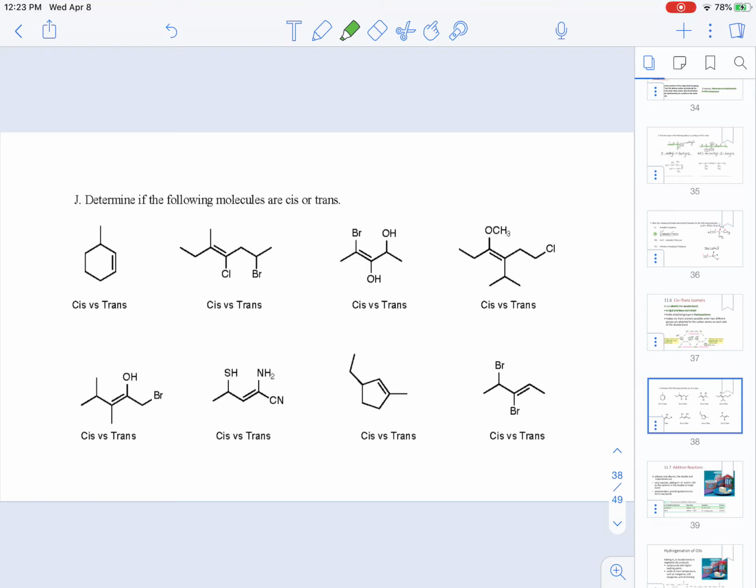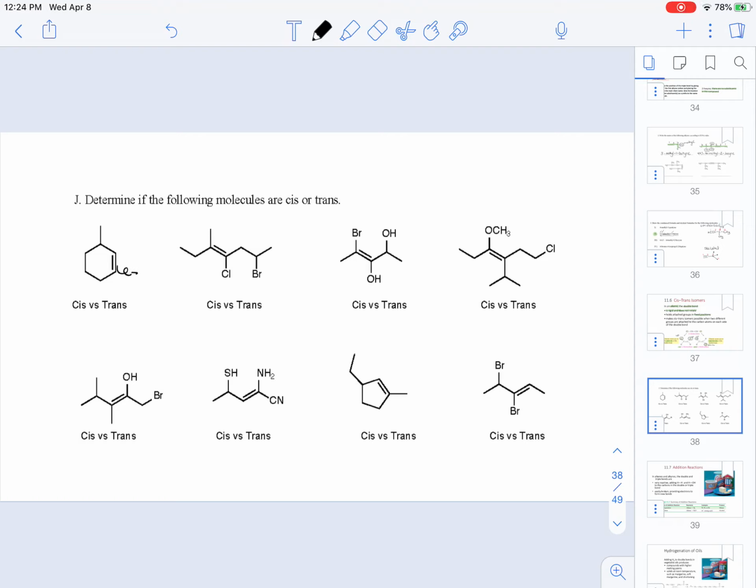So when we are looking at a molecule and we're trying to determine cis and trans, understand that one of the best ways that we can do this is by redrawing the molecule and making sure that that carbon-carbon double bond is horizontal. So I'm going to redraw.